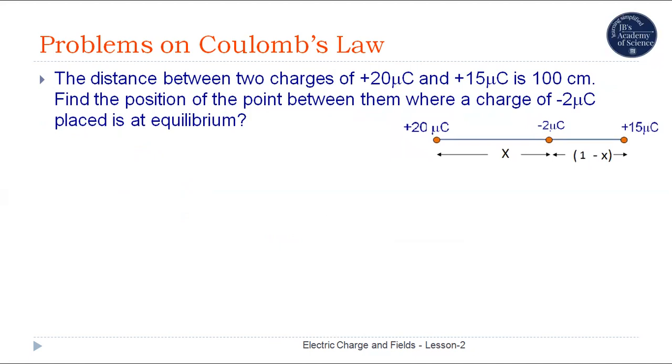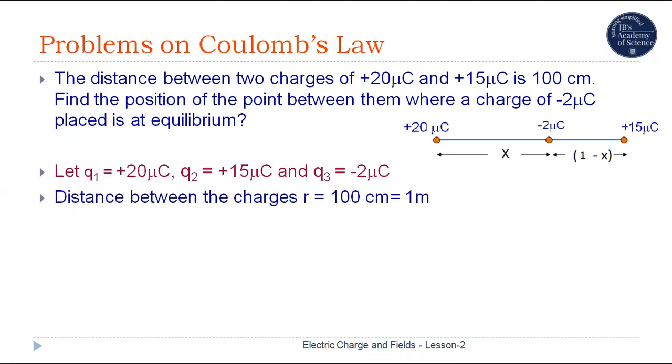So here, consider the charges plus 20 microcoulomb and plus 15 microcoulomb. They are separated by a distance of 100 centimeter, that is 1 meter. And another charge minus 2 microcoulomb is placed at a point in between them, and it is in equilibrium. That is, the force due to both the charges will be cancelled out, or force will be equal.